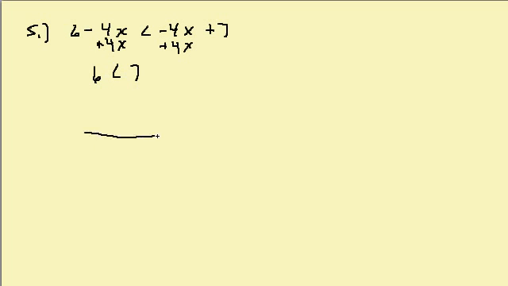So if I graph my solution, the solution is going to be all real numbers. 0, 1, negative 1. So if I graph it, it's the entire number line. And then I write my answer in interval notation. That's from negative infinity to positive infinity.